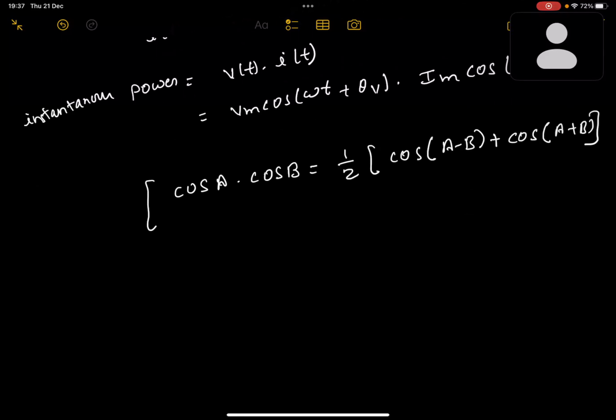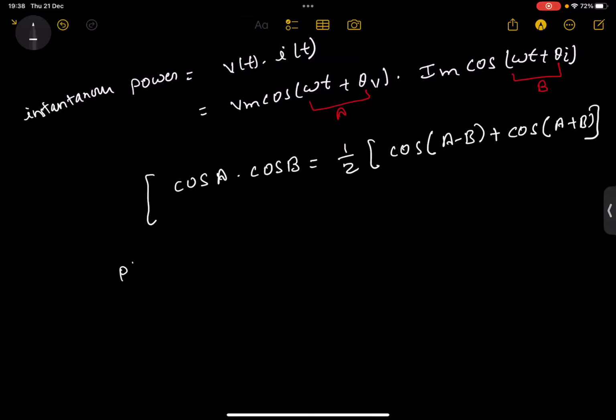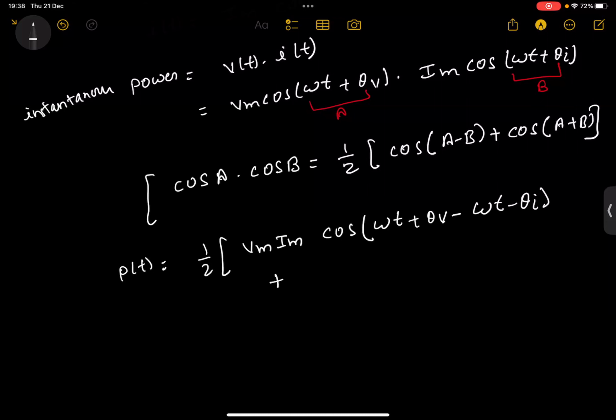So apply it here. This is your A and this is your B. So power p(t) equals 1 by 2 Vm Im cos(omega t plus theta V minus omega t minus theta I) plus Vm Im cos(omega t plus theta V plus omega t plus theta I).